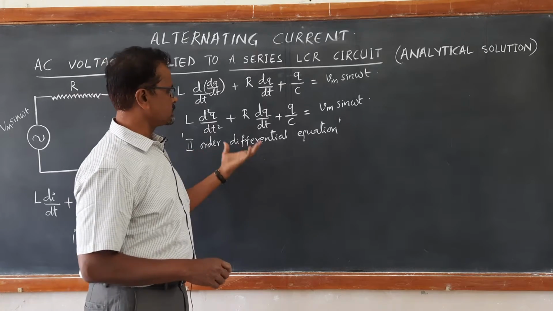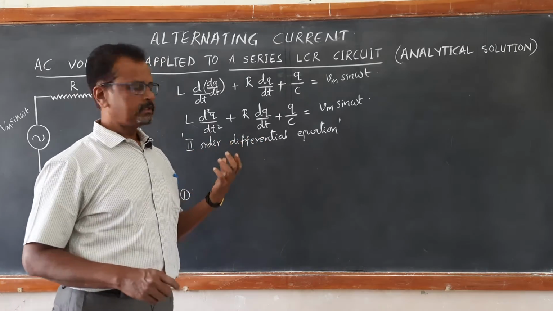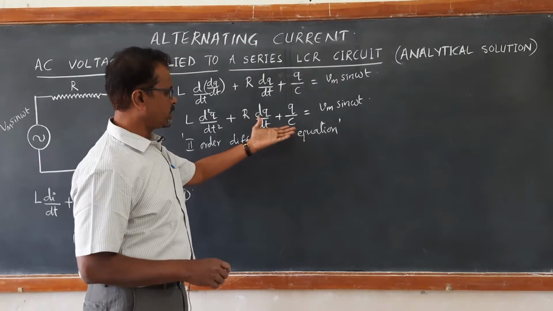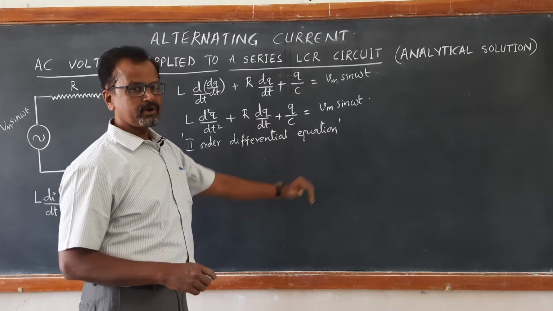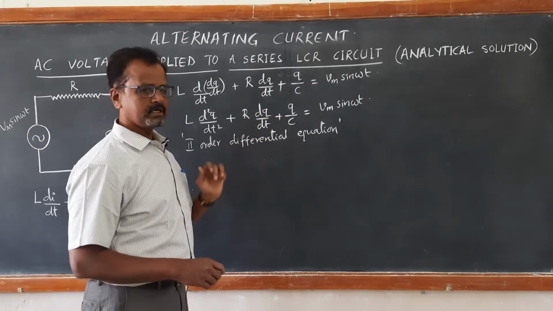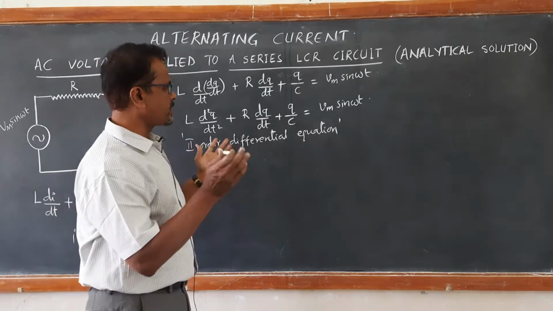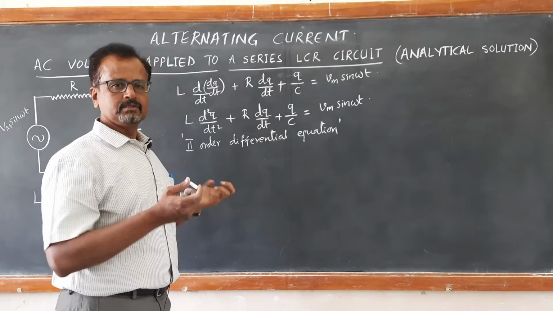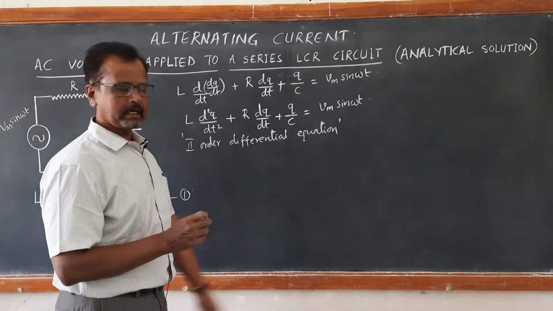If you recall, we came across this kind of equation in 11th class, wherein we studied forced damped oscillations. For forced damped oscillations, we got this kind of equation, and the solution for this we assume directly.